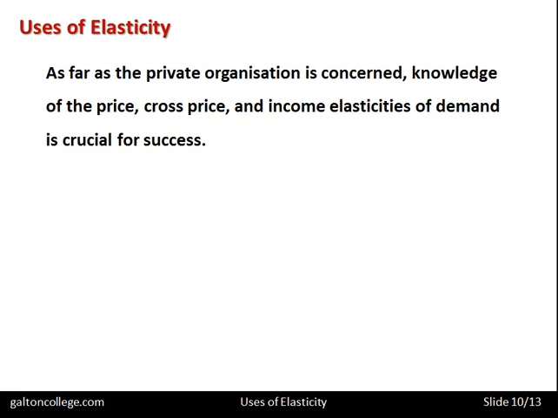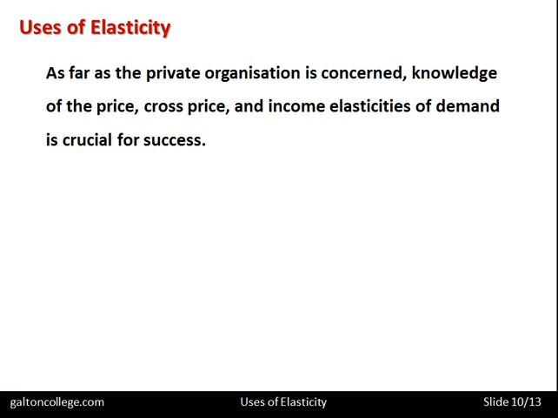We also identify something called cross-price elasticity of demand. Sometimes an increase in the price of one product will affect the demand for a different product. If the price of petrol rises significantly, then the demand for diesel cars may increase.